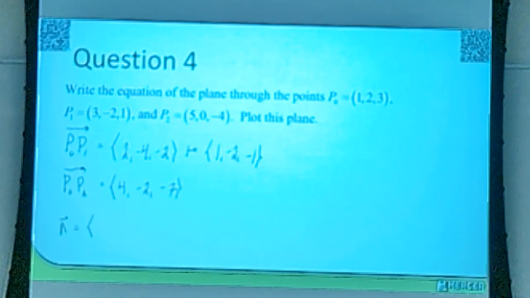And now their cross product. 14 minus 2 is 12. Negative 4 plus 7 is 3. Negative 2 minus negative 8.